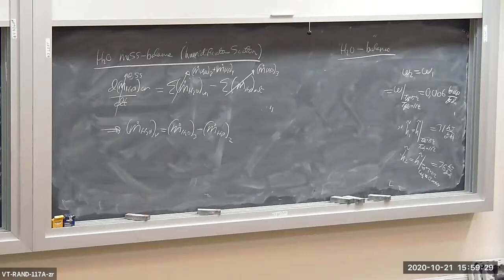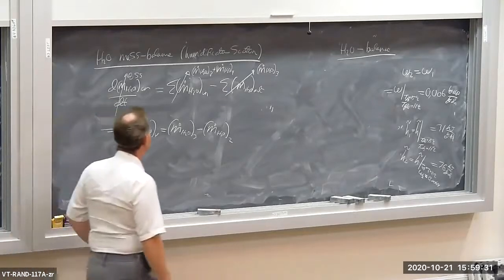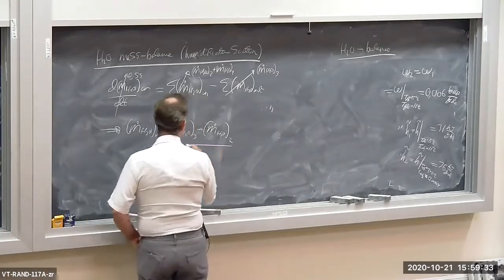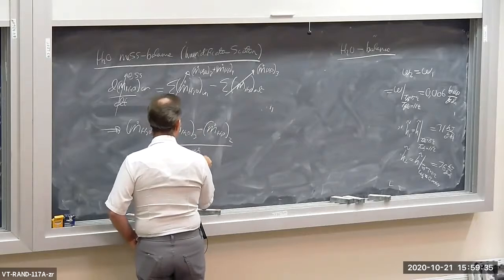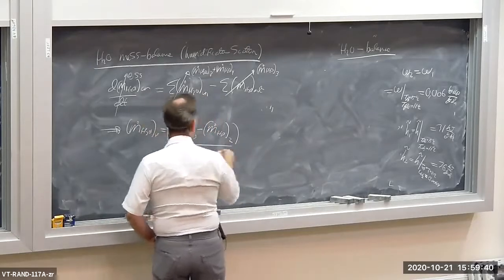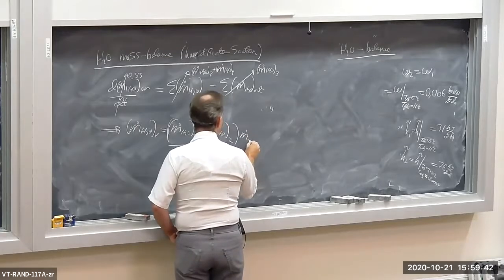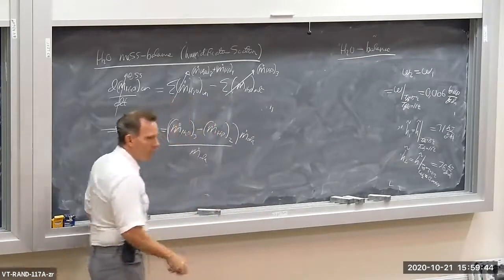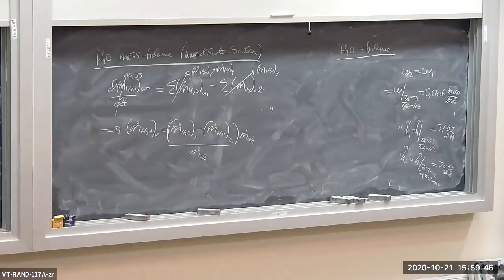Now, how about I divide and multiply this by m dot dry air? The mass flow rate m dot dry air is the same everywhere.